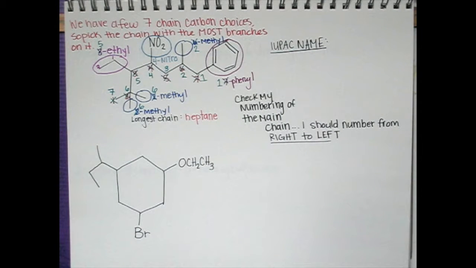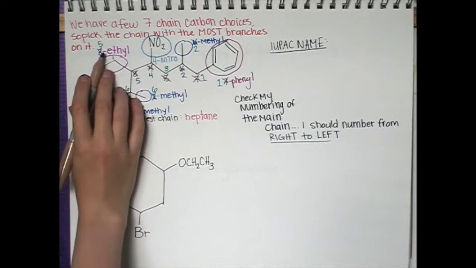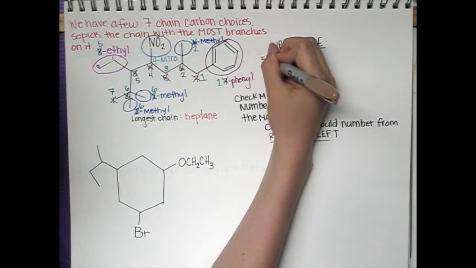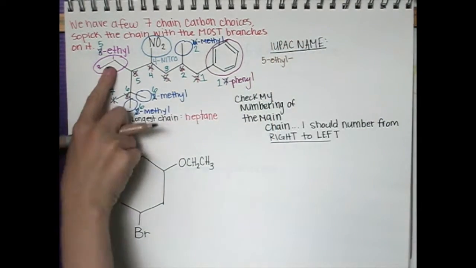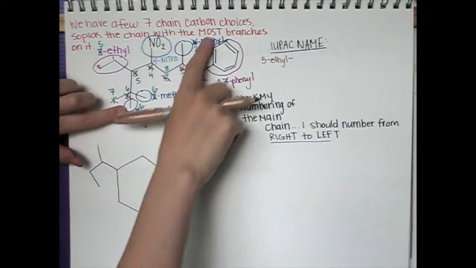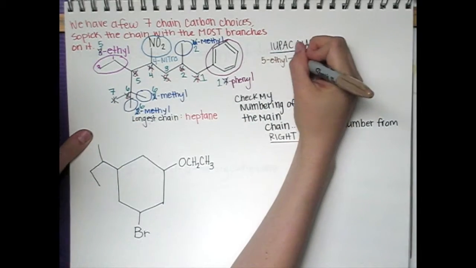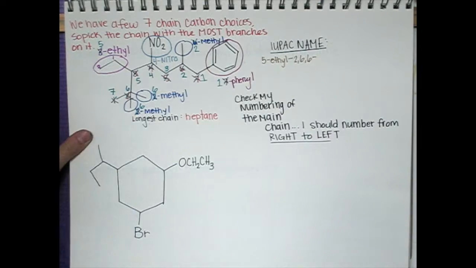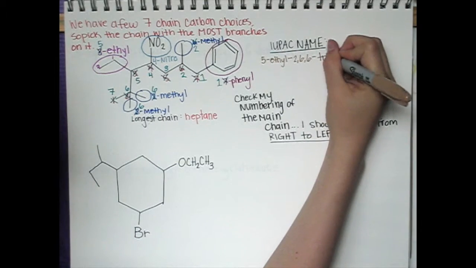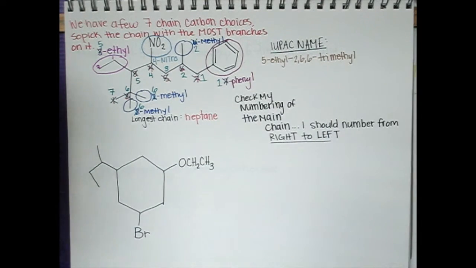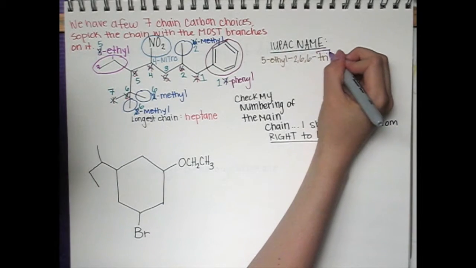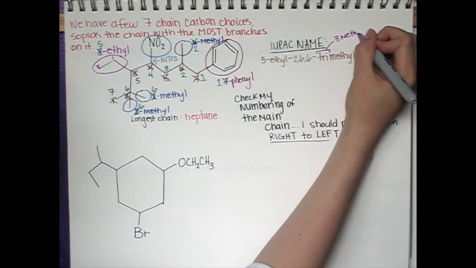So we are going to start with ethyl first, because it's an E. 5-ethyl. M comes next. We have 3 methyls, so we're going to call it trimethyl. 2,6,6 trimethyl. Tri is how many methyls you have.